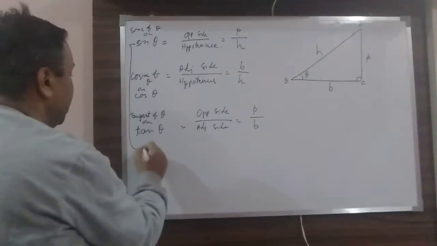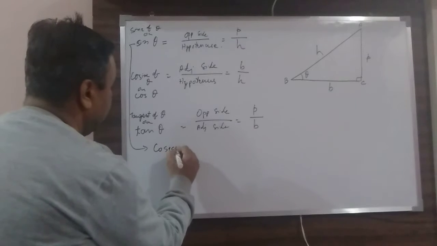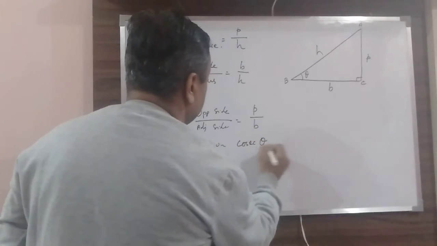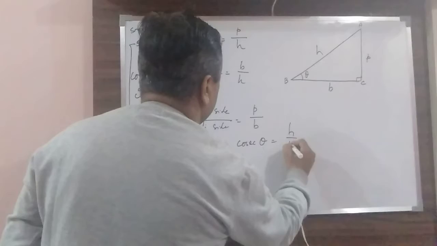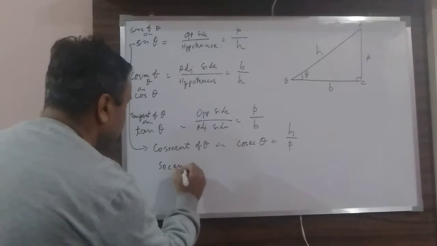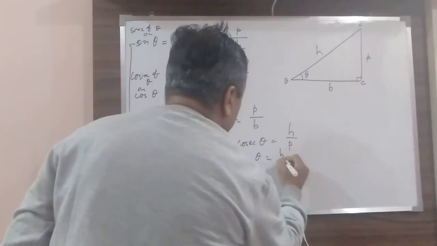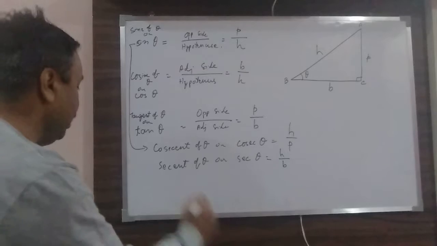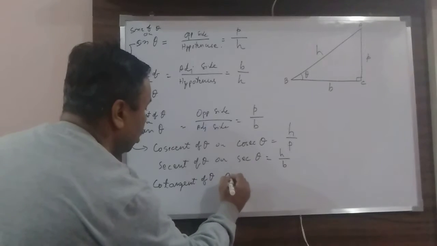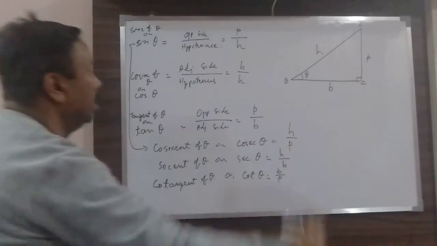Like if I get from sine theta, that is called cosecant of theta or cosec theta, that will be equal to H by P. Similarly, there is secant of theta or sec theta, which is equal to H by B. And the third is cotangent of theta, or it is also written as cot theta, and that is equal to base by perpendicular.